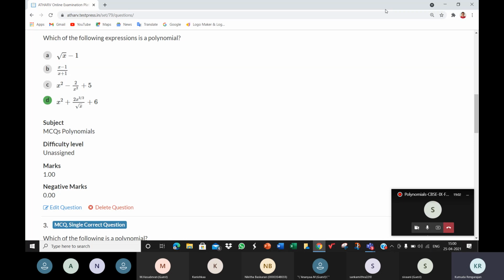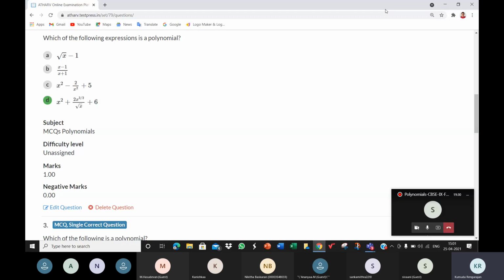In the second option, we have x plus 1 in the denominator. When this comes up to the numerator, because x has a positive power in the denominator, we know the power is going to be negative. So it's not a whole number. So option B is also not a polynomial.